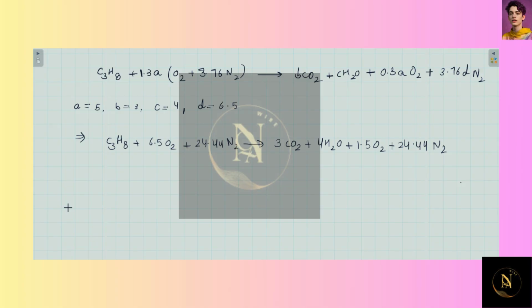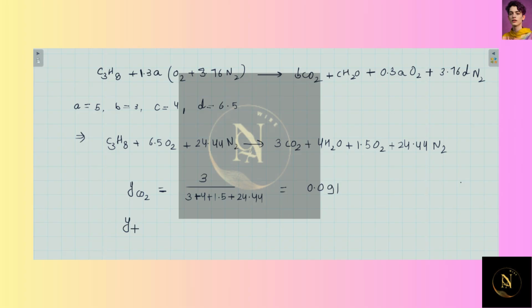These can be determined from their mole numbers and the total mole numbers. So the mole fraction of CO2 would be equal to 3 divided by 3 plus 4 plus 1.5 plus 24.44, that would be equal to 0.091.